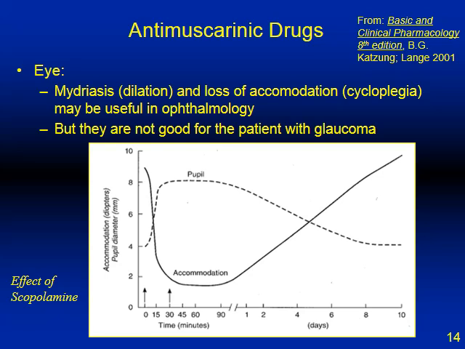But I want you to be able to look at this graph and see how pupil diameter and accommodation are inversely related. Once the pupil dilates, the ability to accommodate for things that are close becomes difficult. Okay, and we call that cycloplegia when we get fuzzy vision and are unable to see things close up.